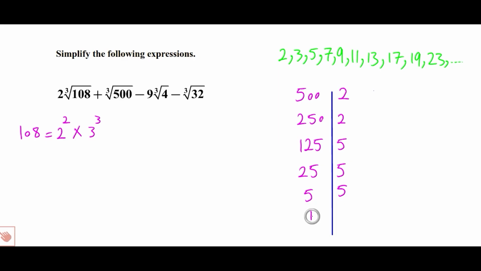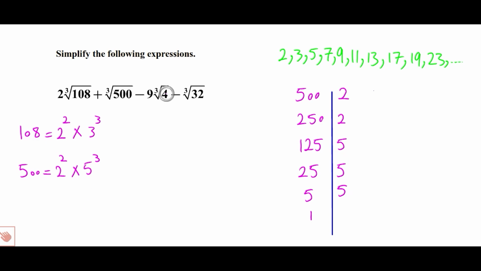And now, because we've hit the number 1, we know the process is finished. So we write 500 is equal 2 times 2 is 2 squared times 5 times 5 times 5 is equal 5 cubed.